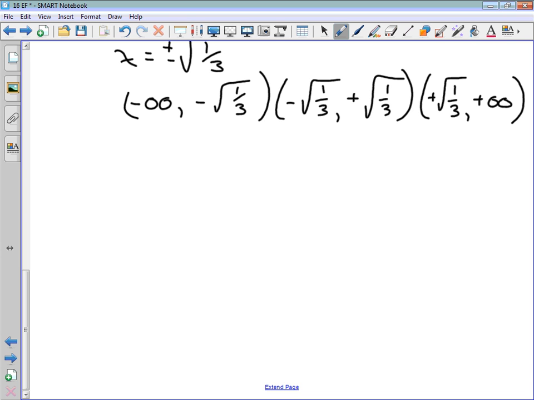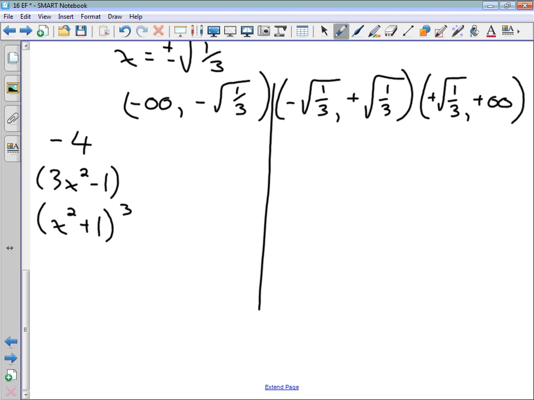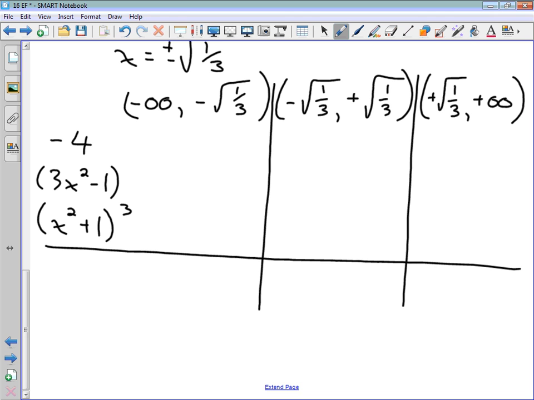So we have two terms up in the numerator, -4 and 3x squared minus 1. And we've got one term down in the denominator, x squared plus 1 all cubed. We want to figure out how the sign of our second derivative is changing. All right, the top row is the tough one, so I'll fill that in.